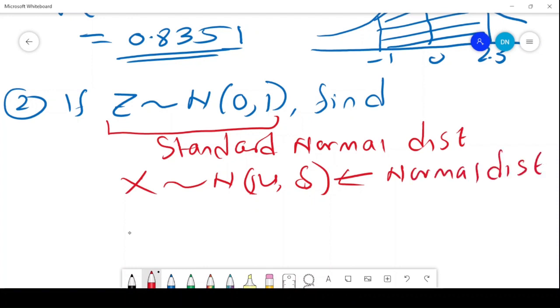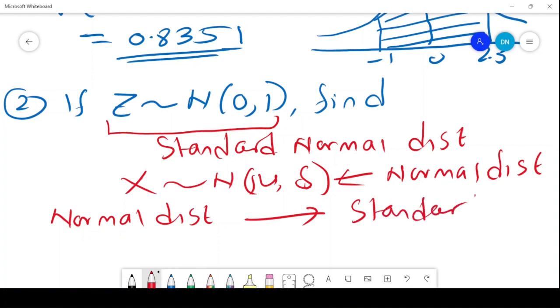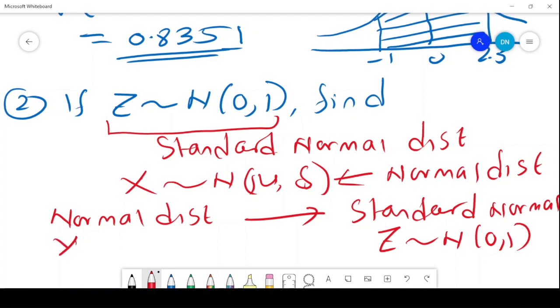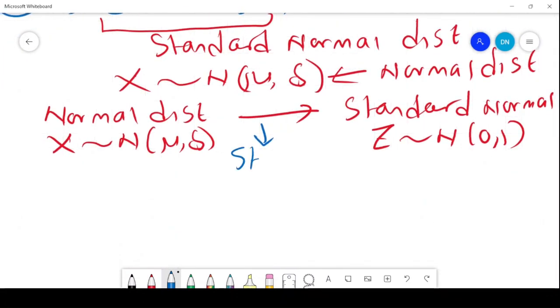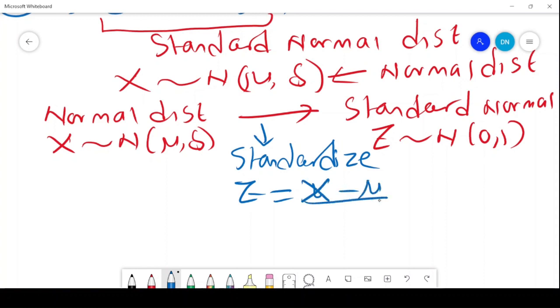For you to move from the normal distribution, x of mu and sigma, to the standard normal, which is z of 0, 1, you standardize using the formula z is equal to x minus mu over sigma.